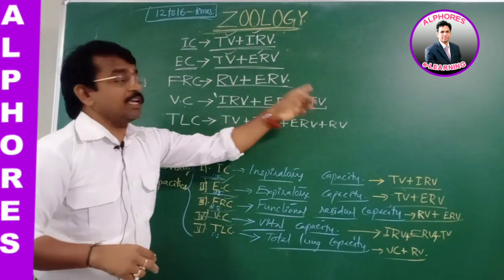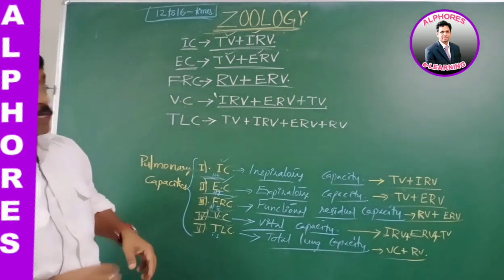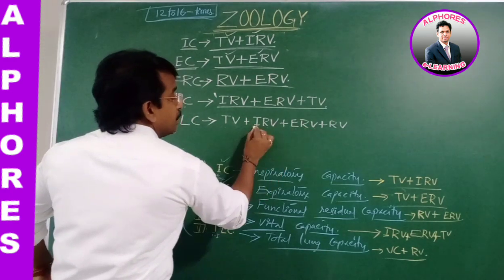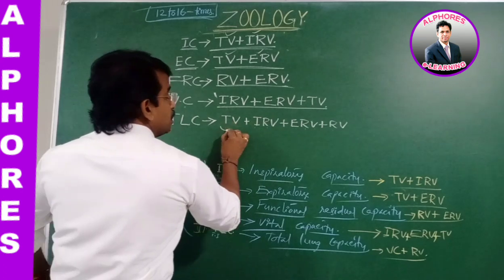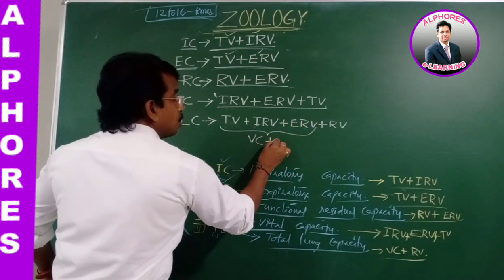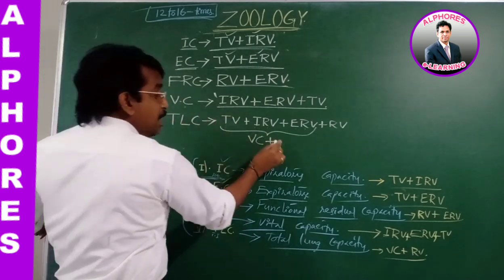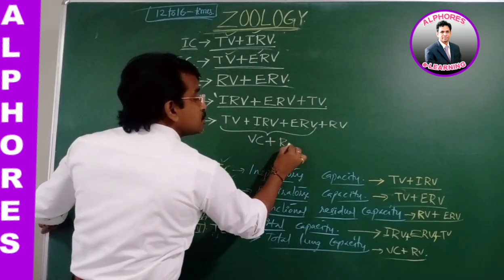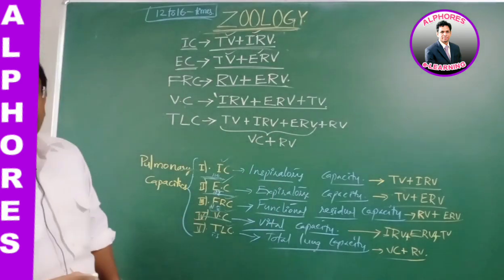IRV, ERV, TV is nothing but vital capacity. So TLC can be written as vital capacity plus RV in terms of equations.